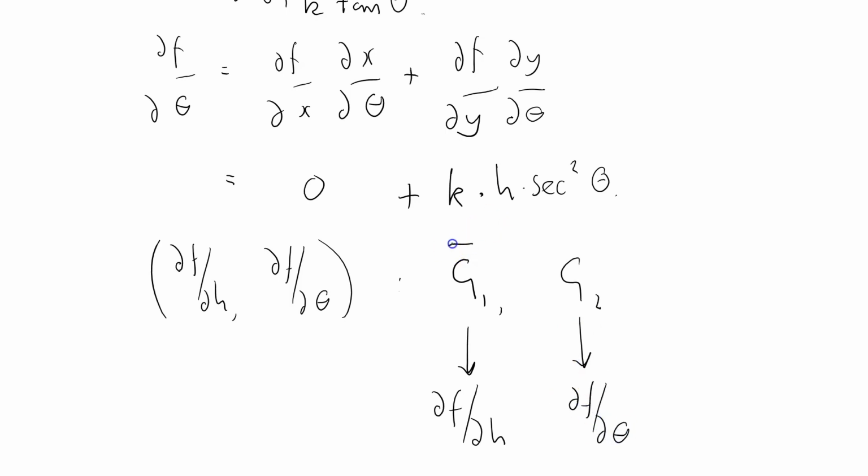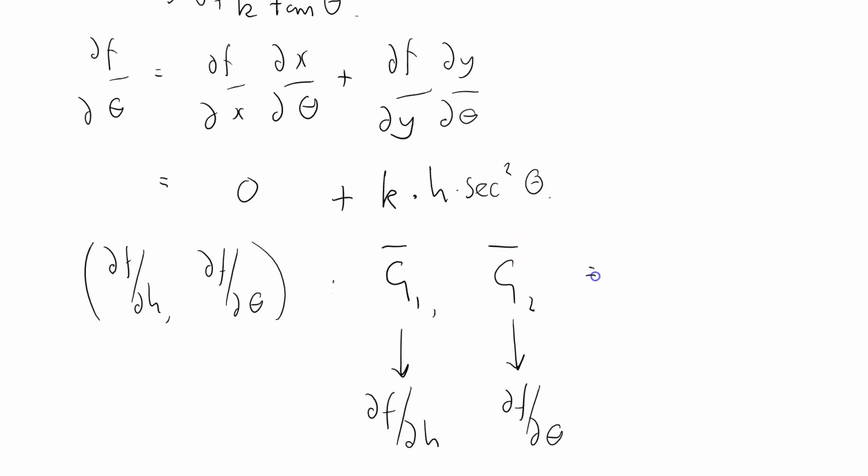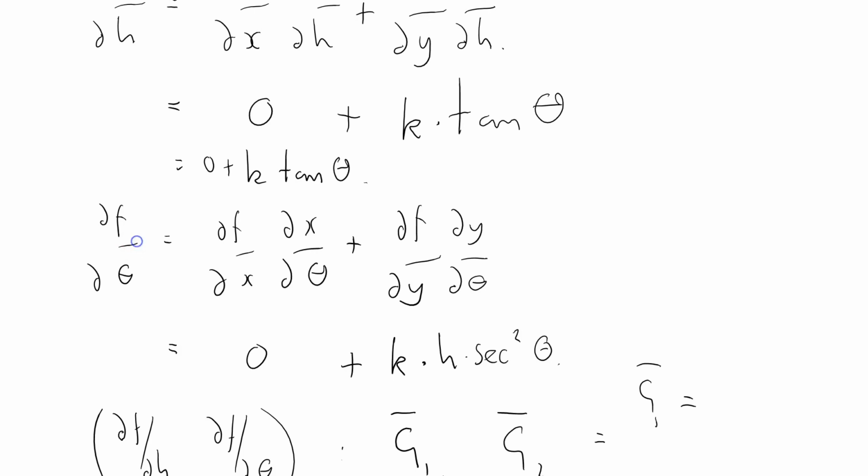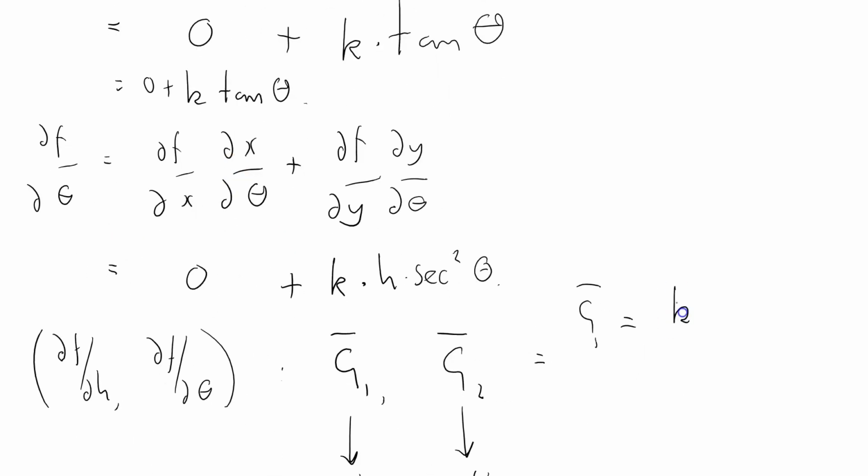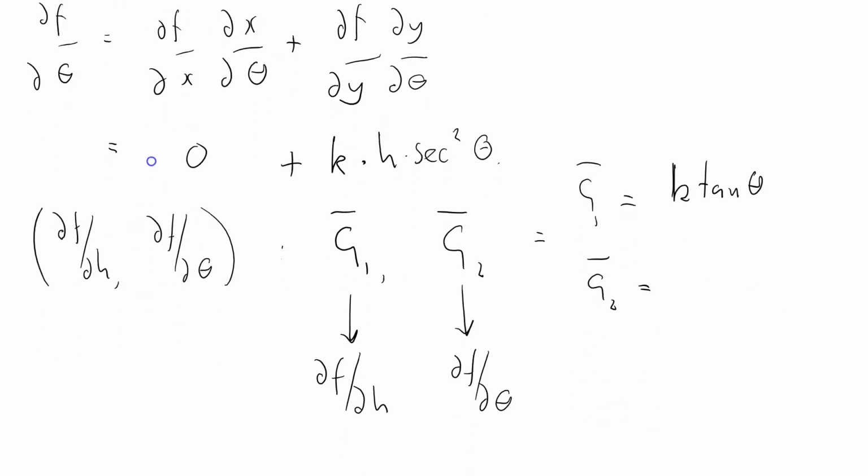Okay, actually this is going to be in the barred coordinate system. Equals what? Well, g1 bar equals, from here, k tan θ, and g2 bar equals kh sec squared θ, which I could rewrite in other terms.